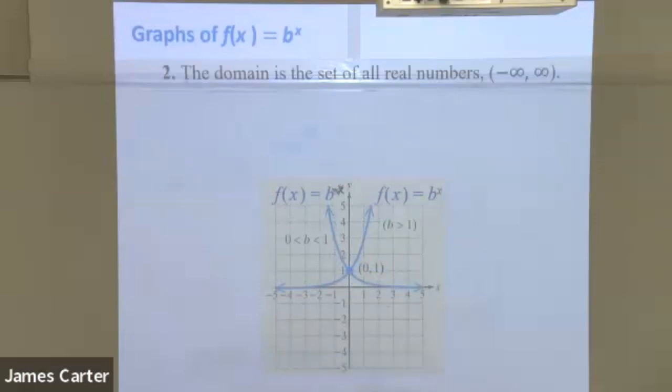The domain and range: the domain, of course, is negative infinity to infinity. And then the range starts at 0, non-inclusive because this never quite touches it, and goes on up higher.